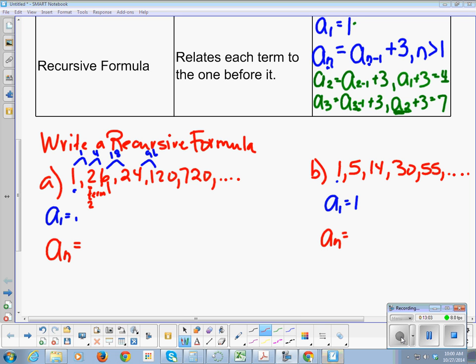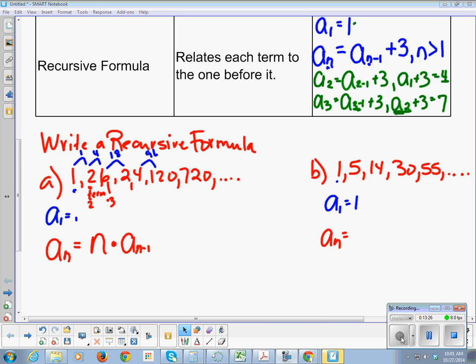Term 3, I multiply by 3. Term 4, I multiply by 4. So we use the letter n to represent which term we're on. And we use a to the n minus 1 to represent each of the previous terms.